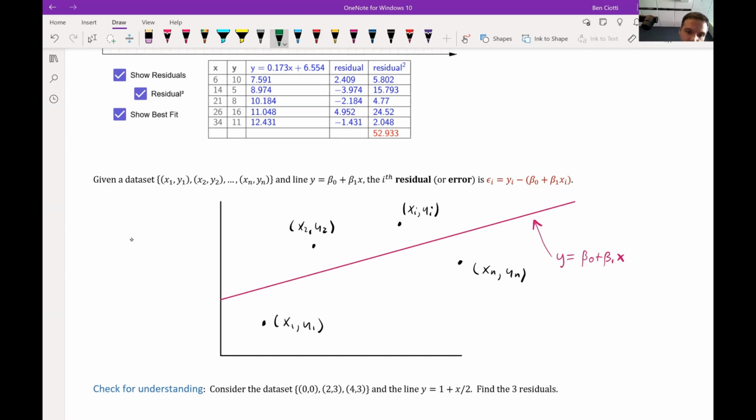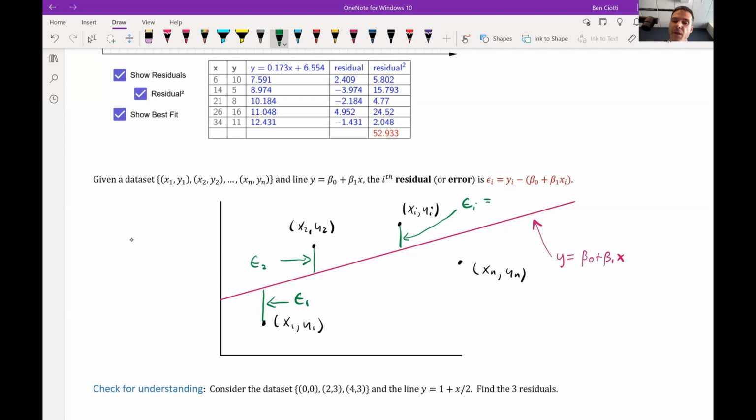So, for example, right here would be my first residual, and we usually denote them with an epsilon. So this would be epsilon 1, the length of that segment. The length of the next segment would be epsilon 2. The length of this segment would be epsilon i, which apparently is the vertical distance between the point and the line.